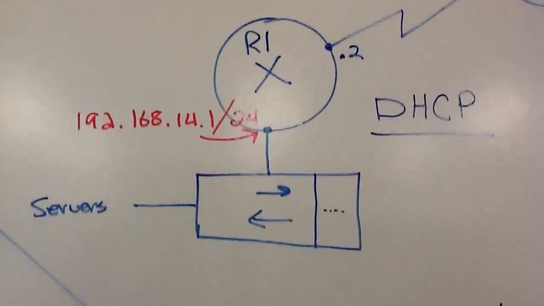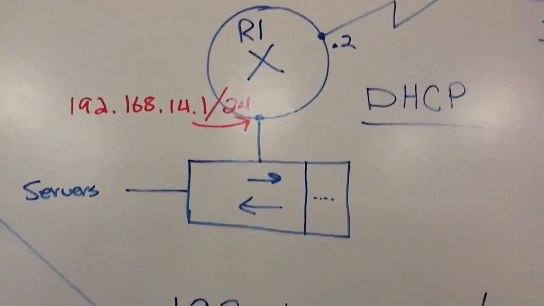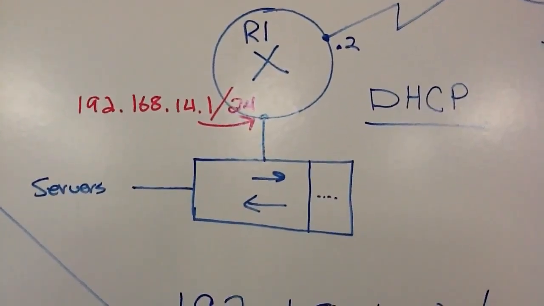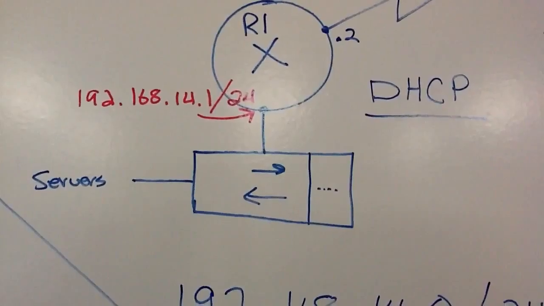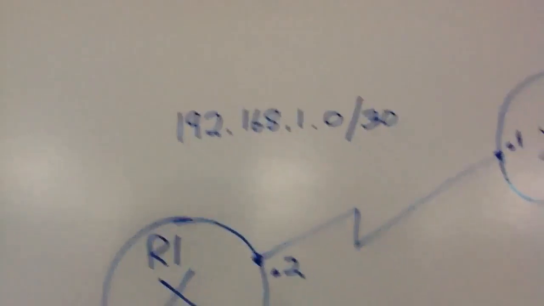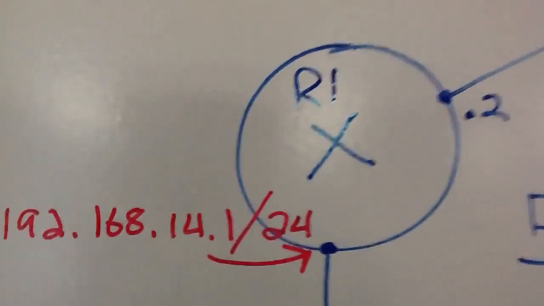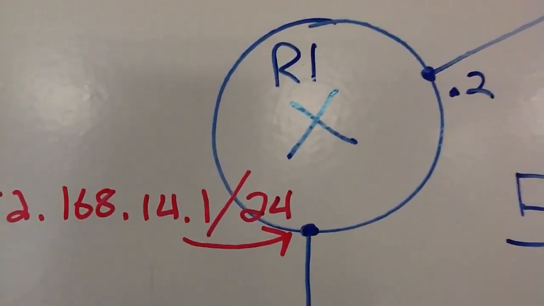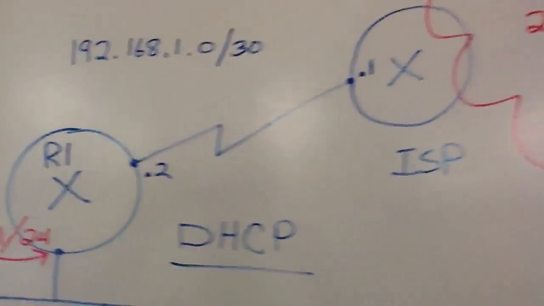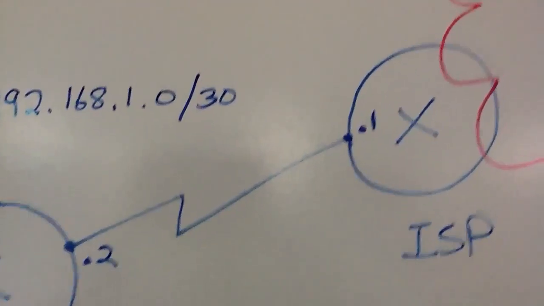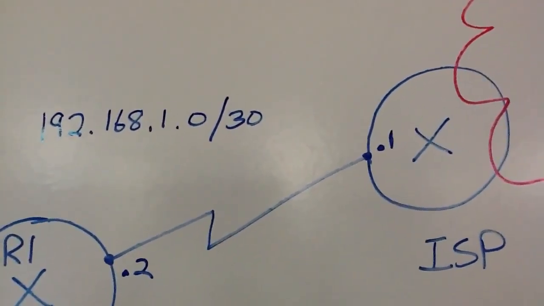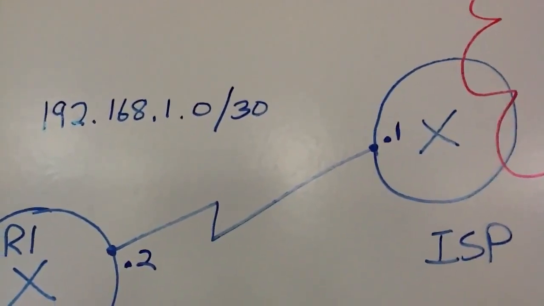Students checked, DHCP worked, they were able to ping 192.168.14.1, their default gateway. Then they also were able to ping 192.168.1.2. So inside this router they were able to ping. Now, they couldn't ping the ISP, 192.168.1.1.